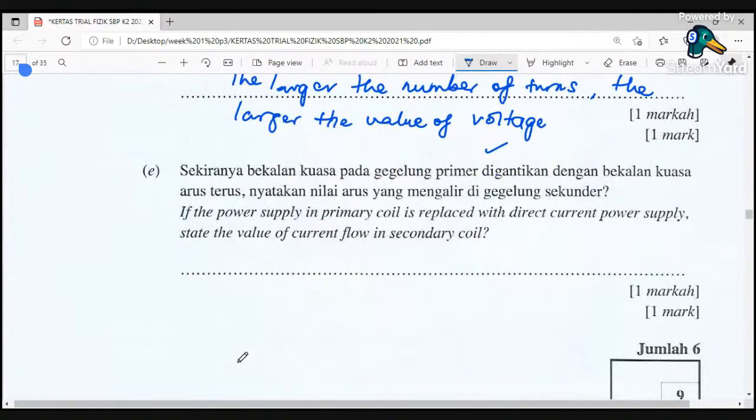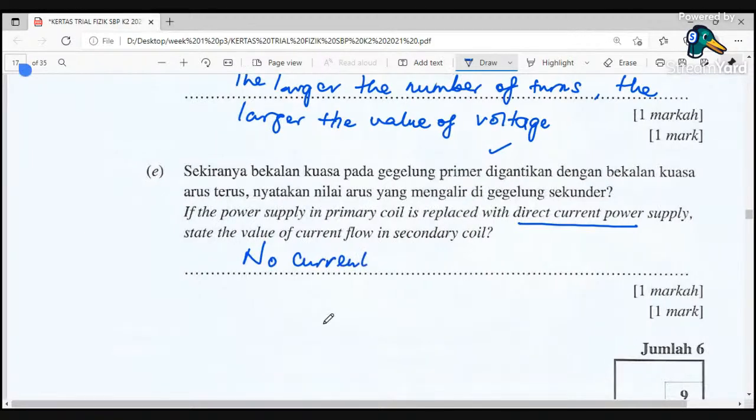If the power supply in primary coil is replaced with DC, state the value of current flow in secondary coil. No current flows, or you can say that the current is zero.